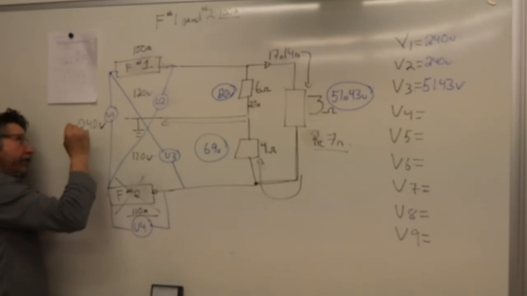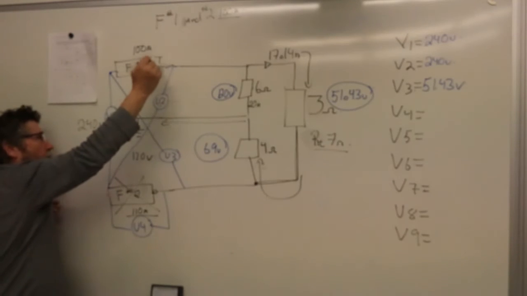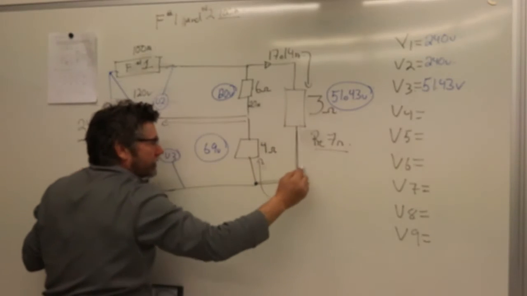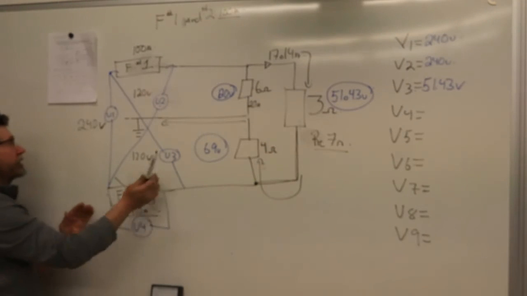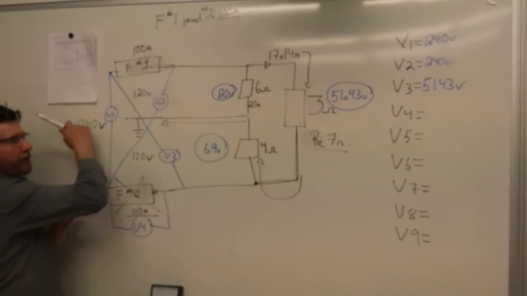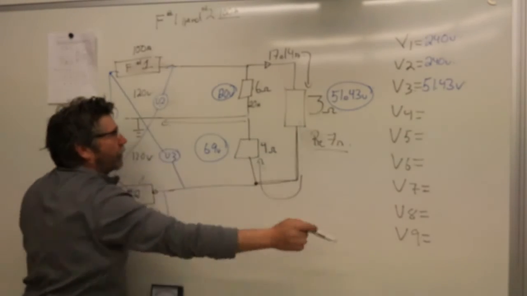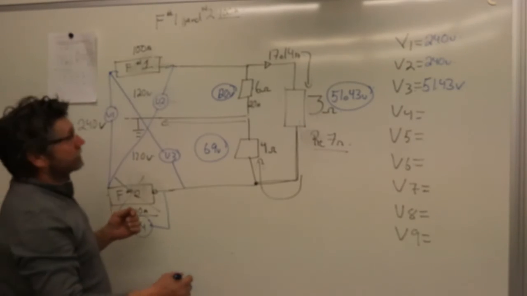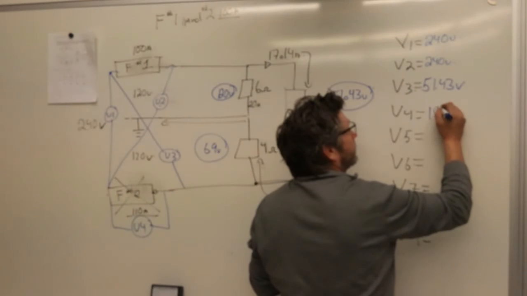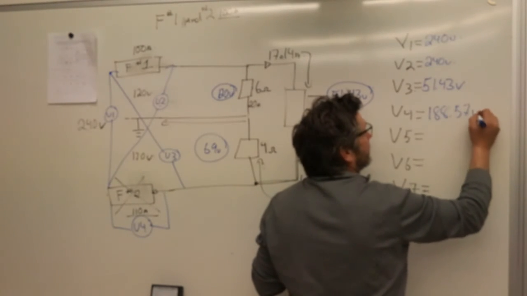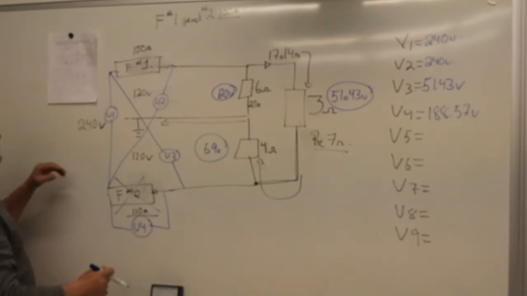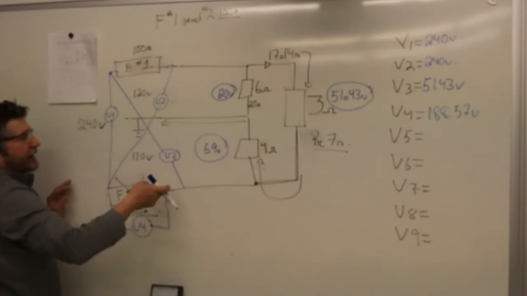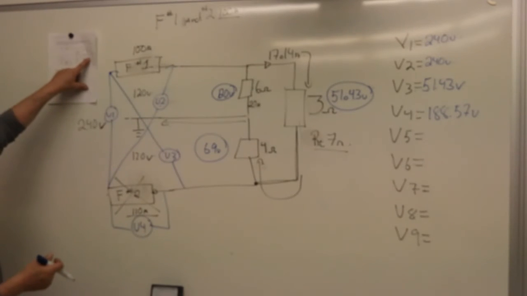I've got a 240 volt rise, 0 voltage drop over that fuse, and 51.43 voltage drop over that resistor, plus whatever this voltage is has to equal 240. 240 minus 51.43 equals 188.57. There's V4, that's over the open fuse. If you keep it simple like that, it gets easier.